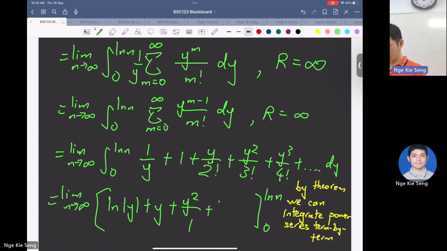And then plus y cubed over 2 factorial, y to the fourth over 3 factorial, and so on. Right? Okay. So what can you see? Does this converge, diverge, or not?